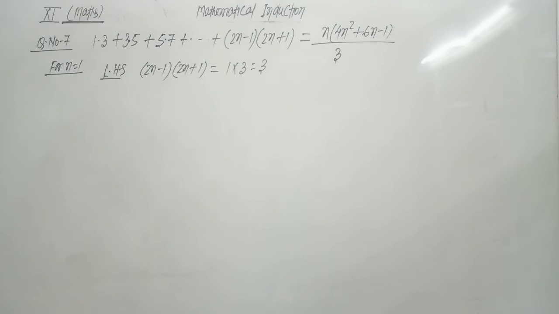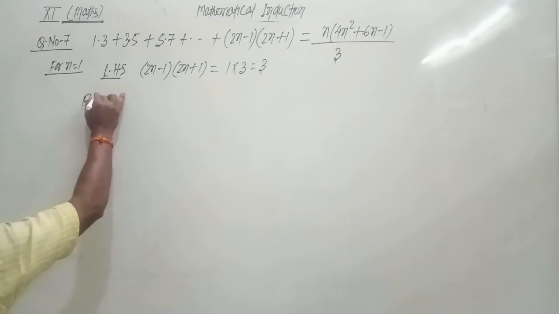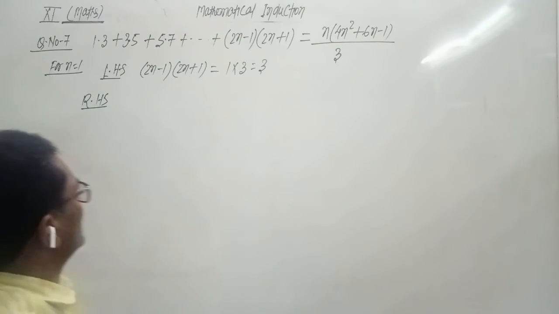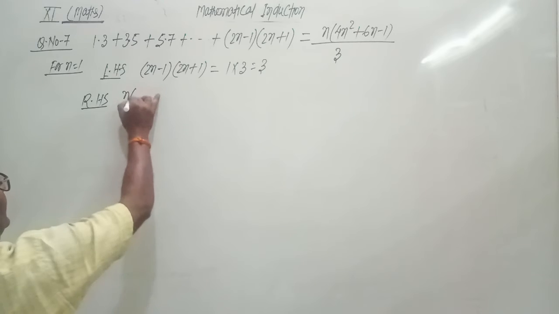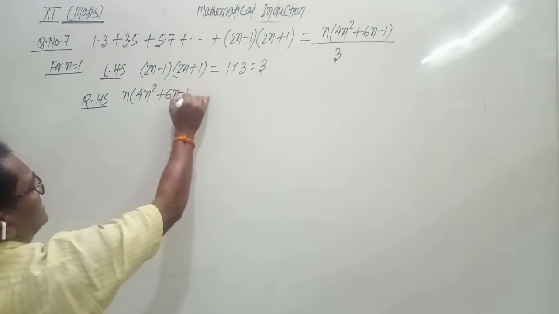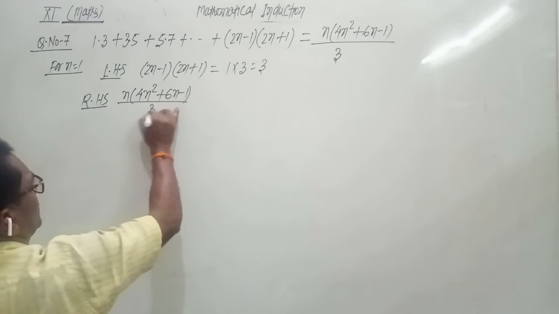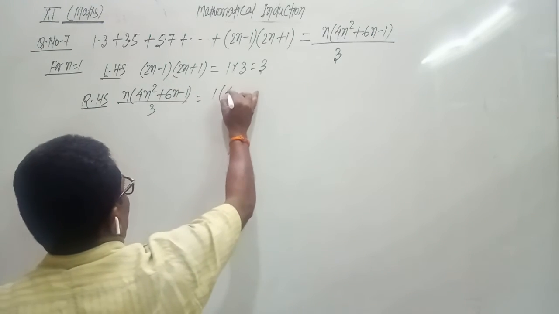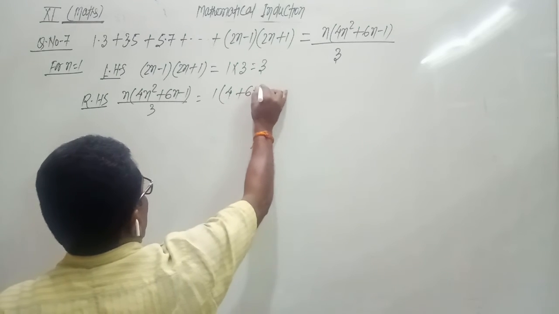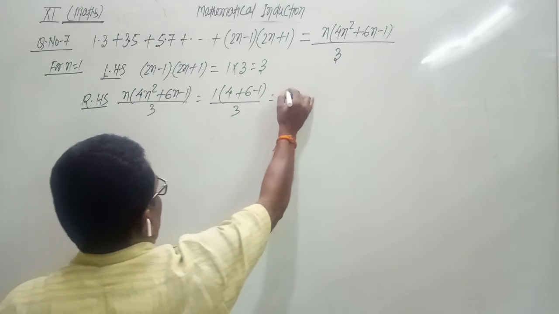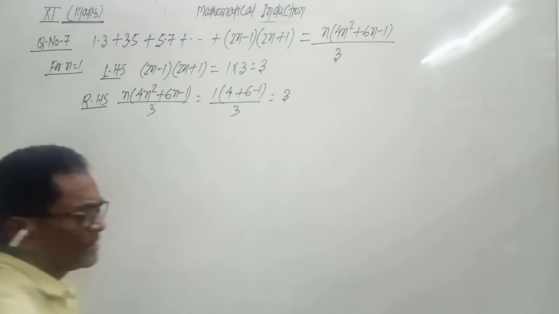So we are getting LHS equals to 3 for n equals to 1, and RHS, put the value of n equals to 1 in n into 4n square plus 6n minus 1 upon 3. So 1 into 1 square, 1 into 4 plus 6 minus 1 upon 3, that is 10 minus 1, 9 upon 3, 3.